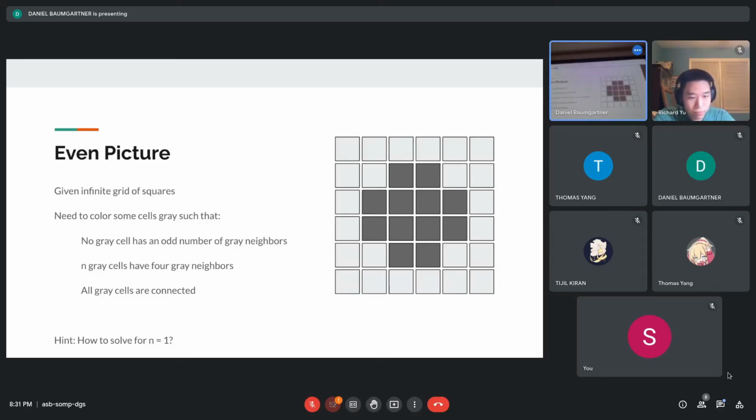There is a hint, a reasonable place to start, and I'll let people think on this for a little bit. Again, you might want to draw this one out. Doing it in your head, I wouldn't recommend it. Do more than n gray cells have 4 gray neighbors?